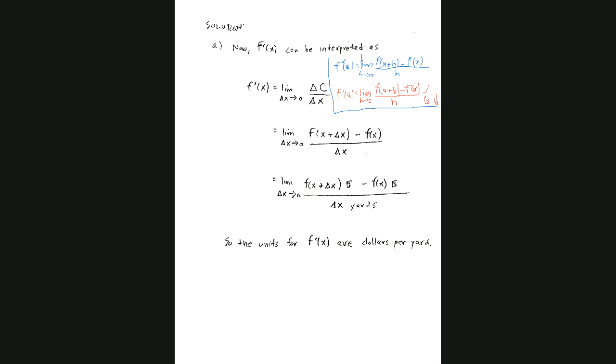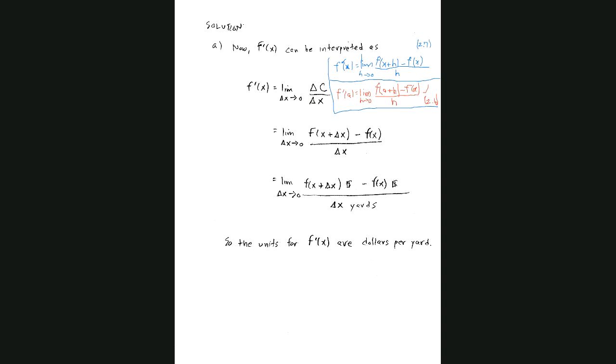But in fact, the derivative can be thought of itself as a function. So this top formula that I've written in blue, you notice it's the same as the red formula. The only difference is instead of the number a, I have a variable x.